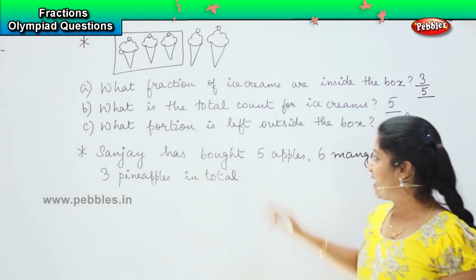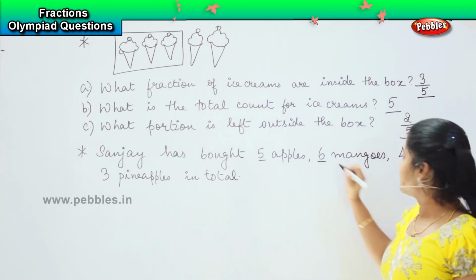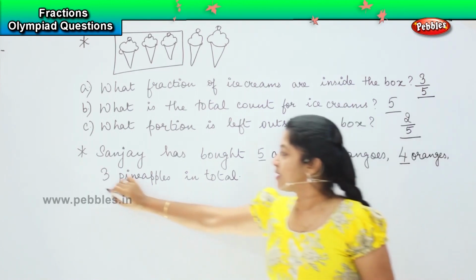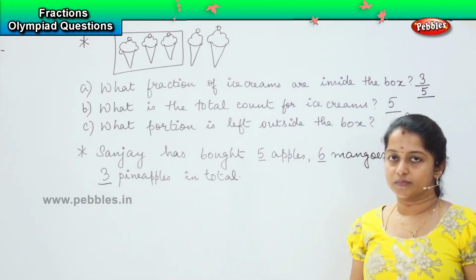Okay. So Sanjay has bought 5 apples, 6 mangoes, 4 oranges and 3 pineapples in total.